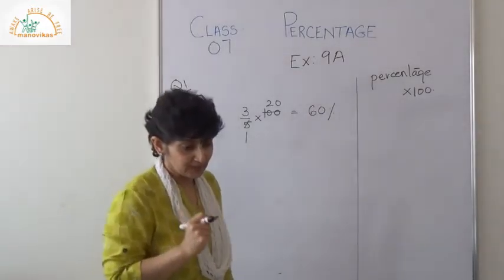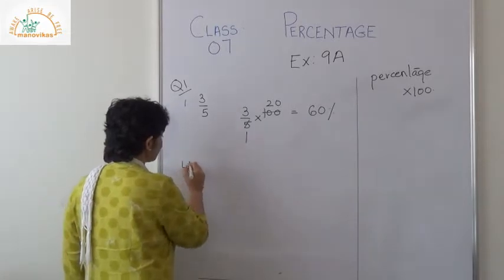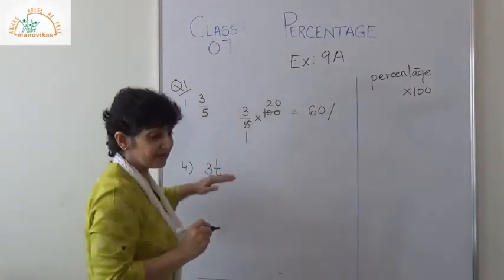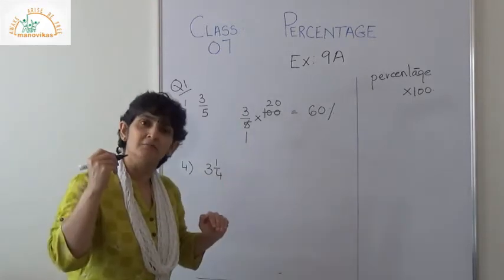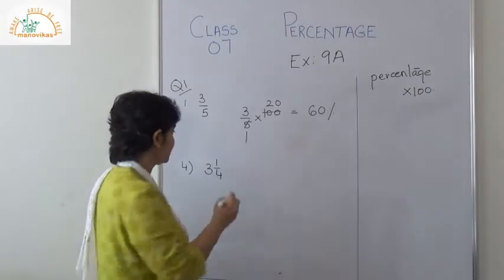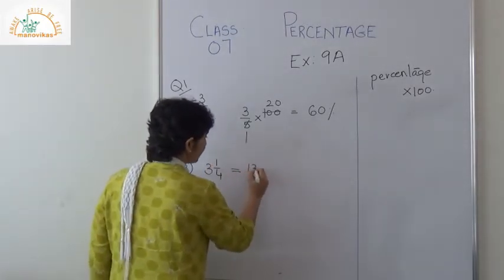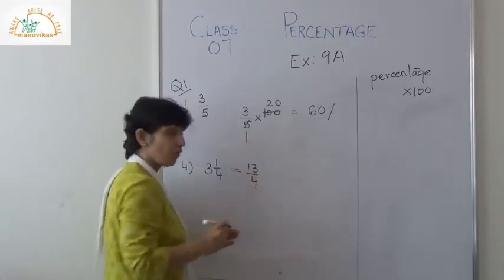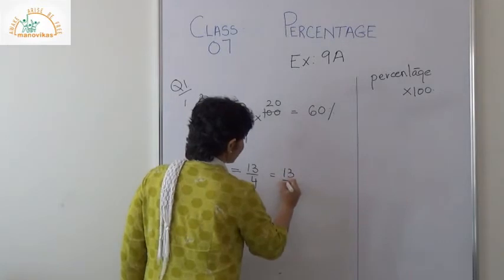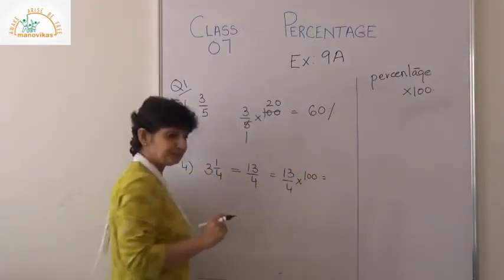Is that clear? Now, let me do the fourth one. 3, 1 upon 4. Now, this is a mixed fraction. So what do you need to do first? You need to convert it into an improper fraction. 4 3s are 12 plus 1, 13 upon 4. Now convert this into percentage. 13 upon 4 into 100.